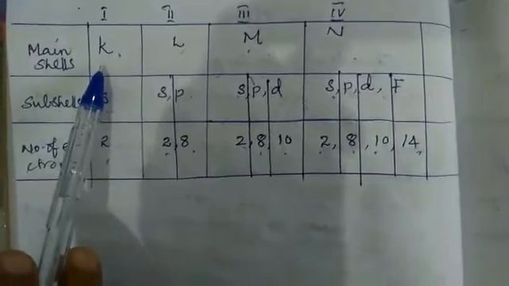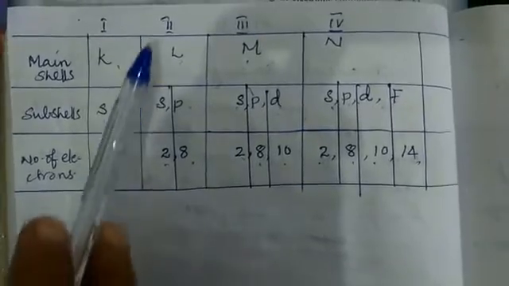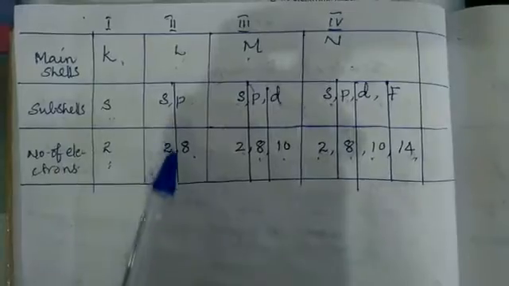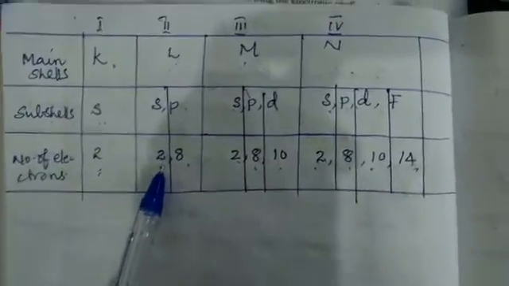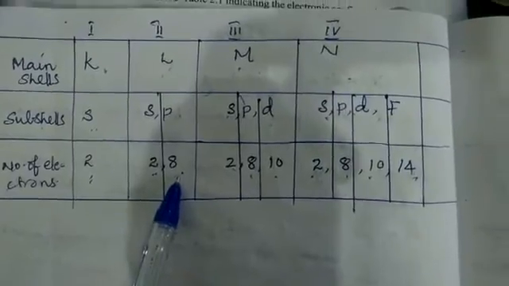See this one, K shell has only one subshell and it can accommodate maximum 2 electrons. Then the second shell is L shell. L shell has two subshells S and P. S can accommodate maximum 2 and P can accommodate maximum 8.